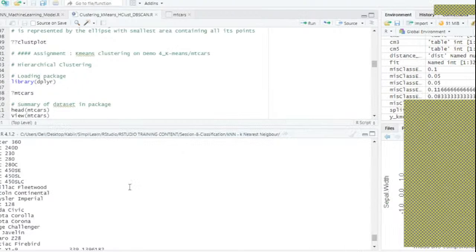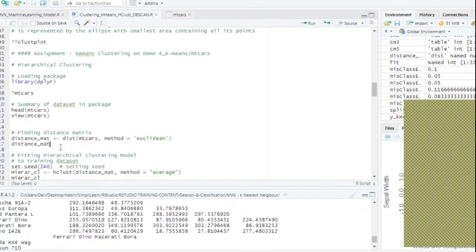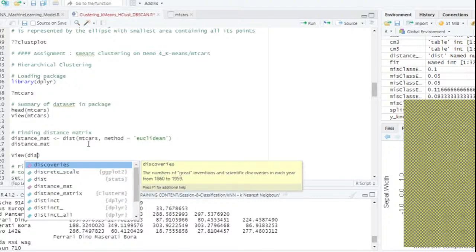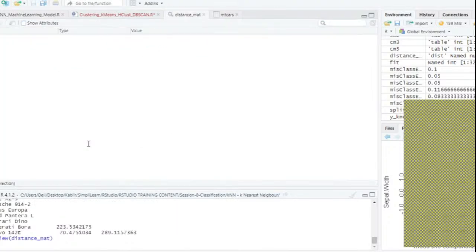Distance matrix. Remember that same distance matrix that we calculated in Excel?